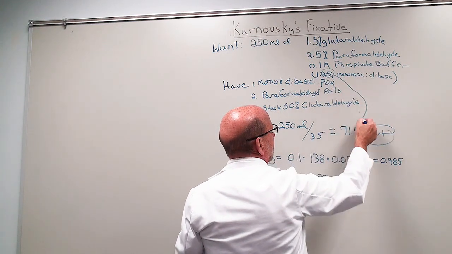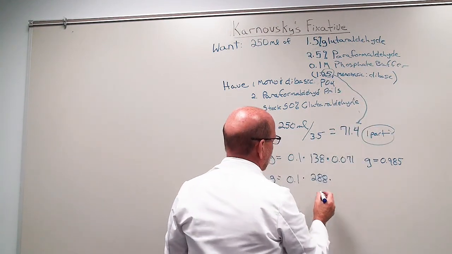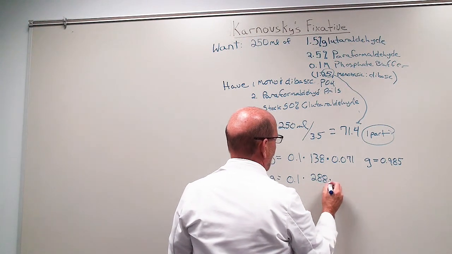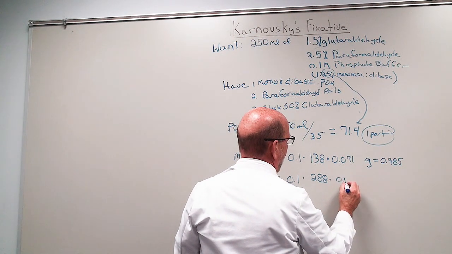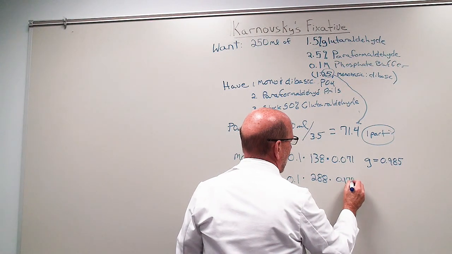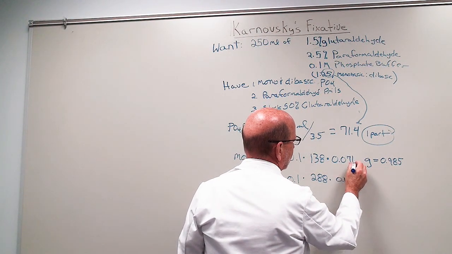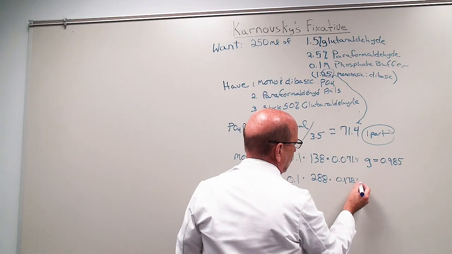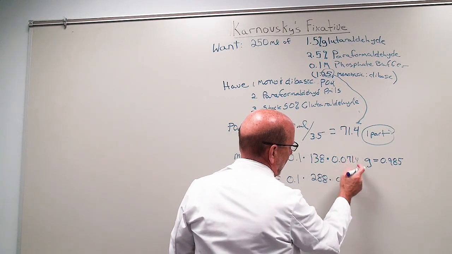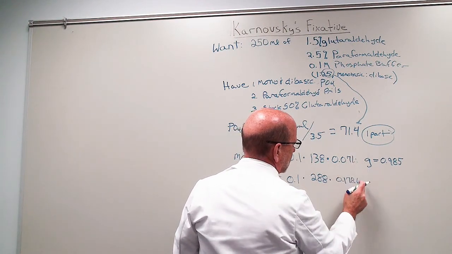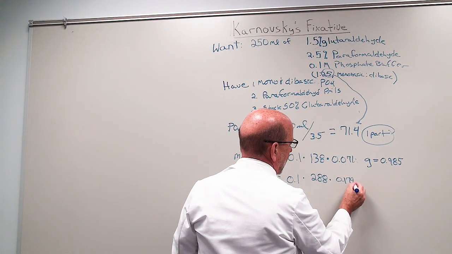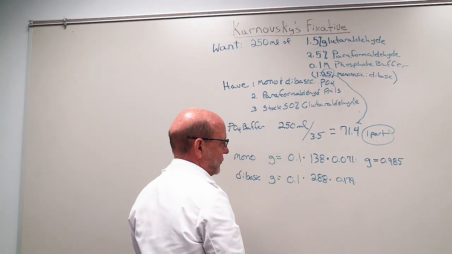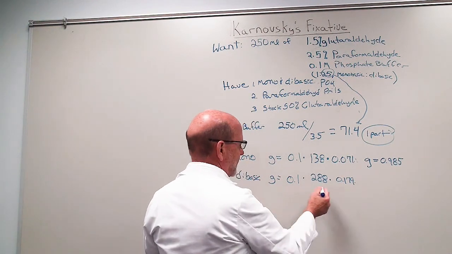So I multiply 2.5 times the 1 part, 71.4, which comes out to 178.6. We can get rid of the 0.4 and make that, rather than 178, just 179. It's that much easier. You're probably not going to be that accurate anyway.